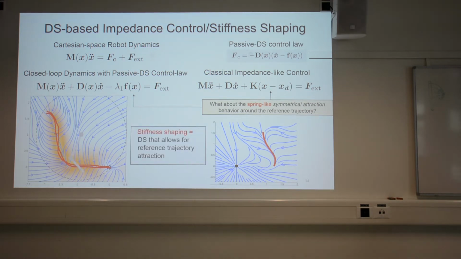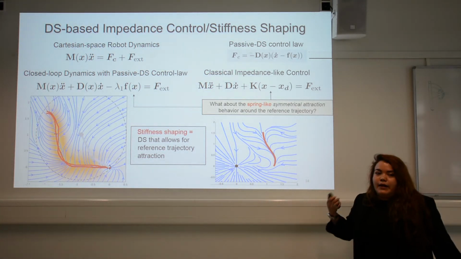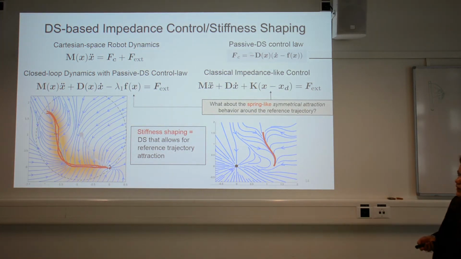So, in other terms, if we want to shape the stiffness of our task, we need a dynamical system like this, which is capable of having these properties.